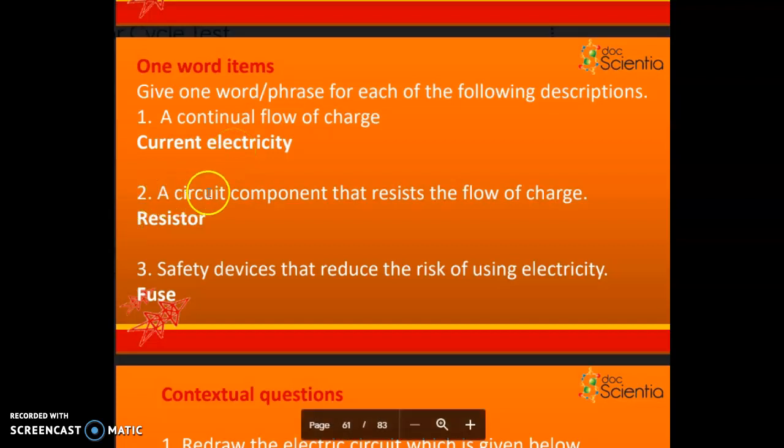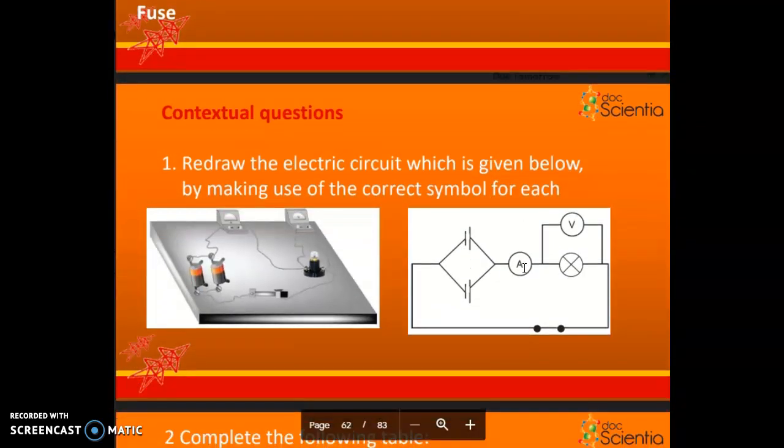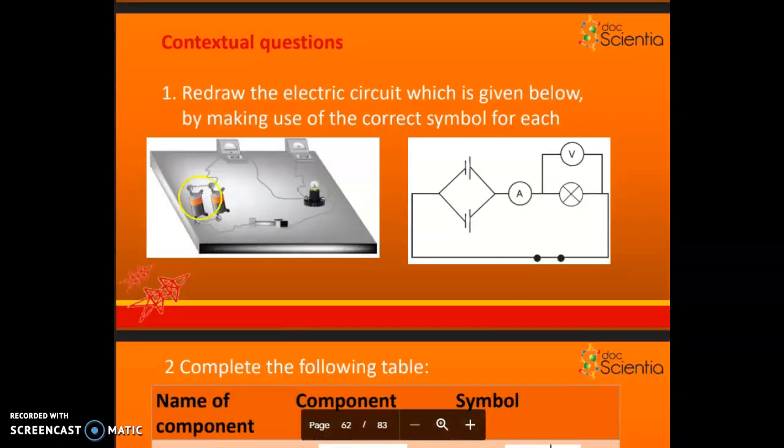Number 2, a circuit component that resists the flow of charge. It's called a resistor. Number 3, safety devices that reduce the risk of using electricity. They are called fuses. Just say a fuse.